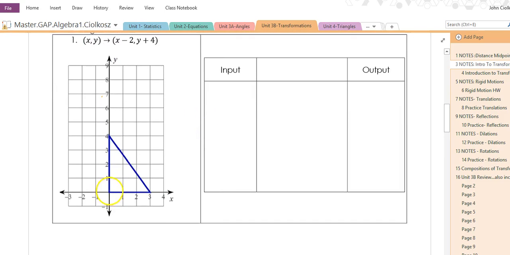We got a triangle, so let's look at these 3 corner points. I'm going to label them A, which is at the coordinates of 0, 0. B, which is at 0, 4. And C, which is at 3, 0. Let's just copy those down over here.